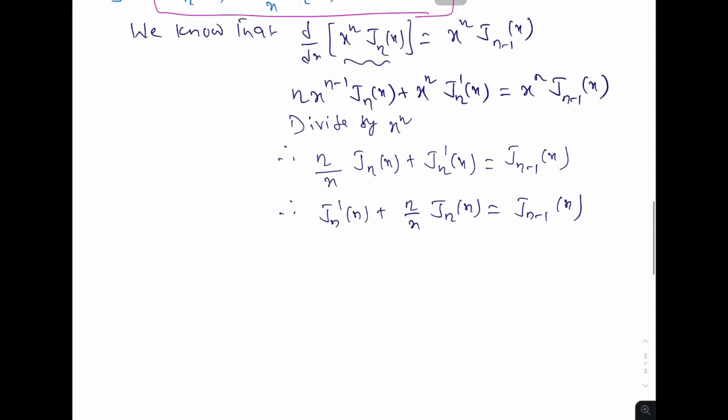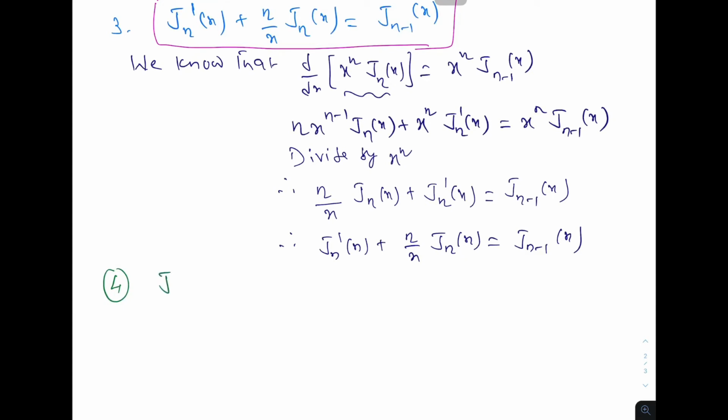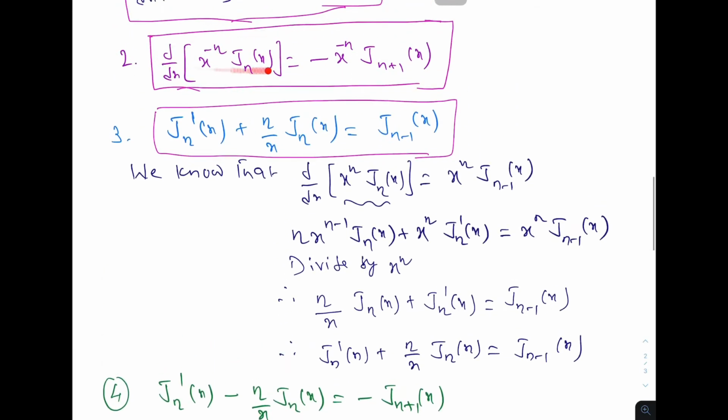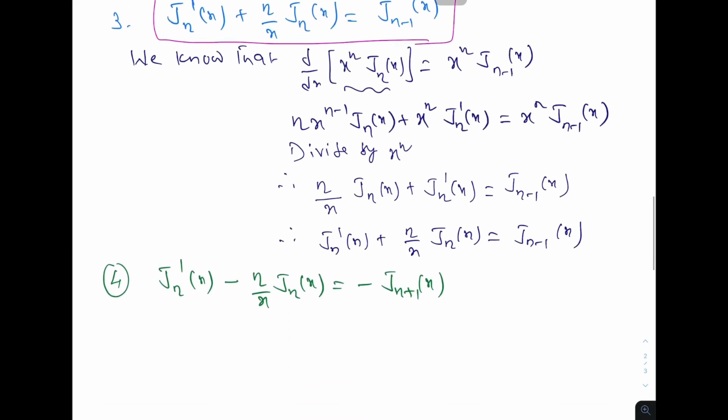Okay, there is also one more that I can give again to you: Jn dash x minus n by x Jnx equal to minus J n plus 1 x. You can prove this again by using this result. If I use this one, you can easily prove this property.